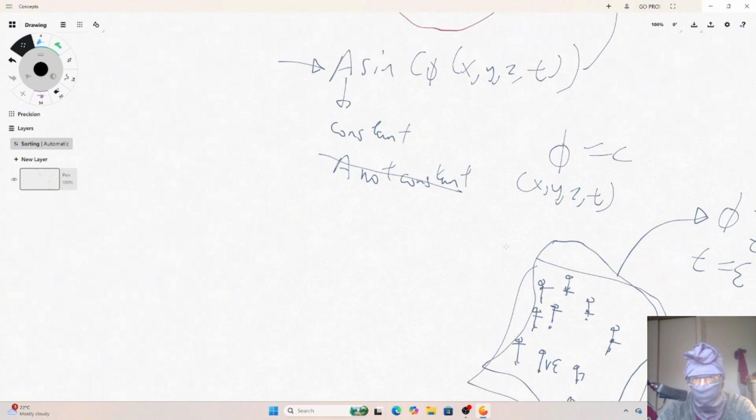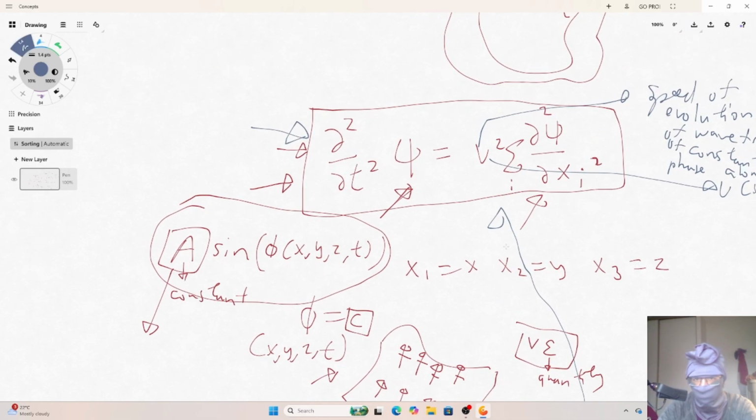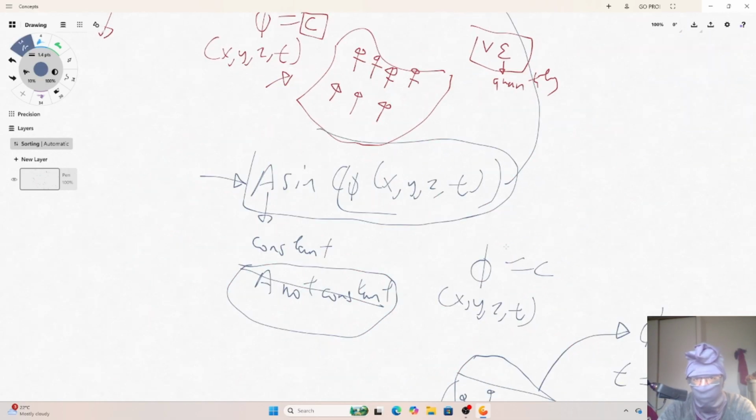But for the case where A is not constant, you would find that the equation obeying that differential equation would have wavefronts that do not propagate exactly at v, but close to it.